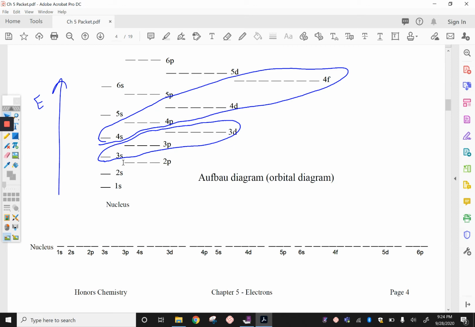Does that make sense? Hopefully it does. But anyway, this is the order of the energy. And so you'll notice we don't fill the whole 3rd energy level first before we start the 4th. We actually go 3s, 3p, 4s, 3d, and so on. So this is the order that the electrons actually fill up.